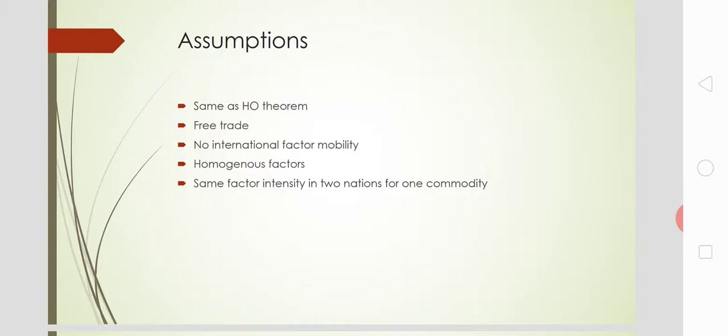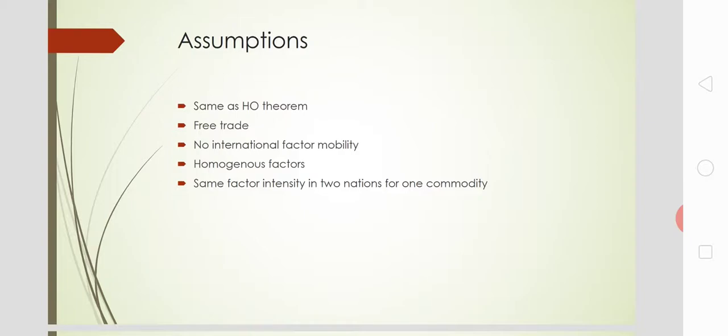So to speak, the Heckscher-Ohlin theory is formed in the framework of competitive market. There will be free trade in both nations. There will not be any imperfection in the market. There will be no factor mobility across the borders. Capital and labor will be mobile only inside the nation. It will not be across the borders.